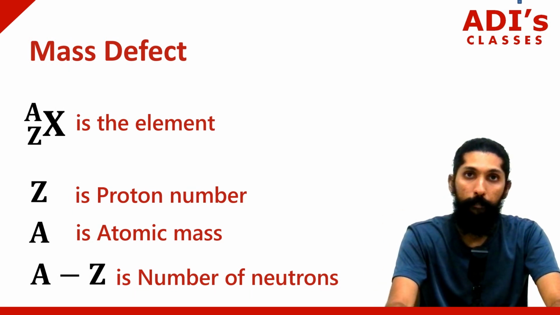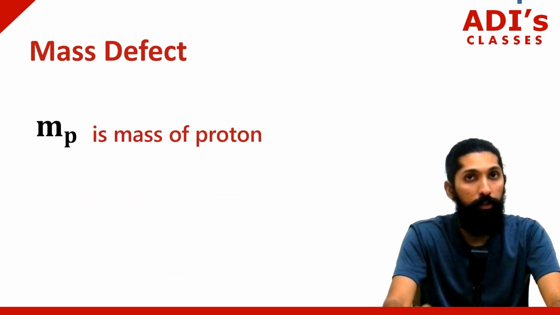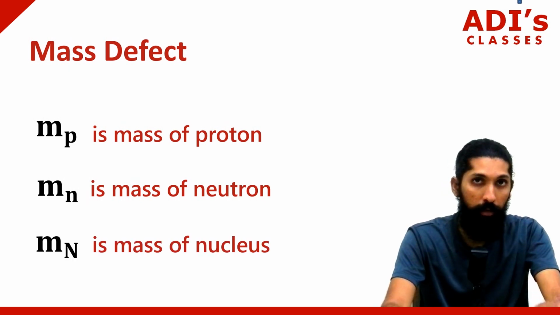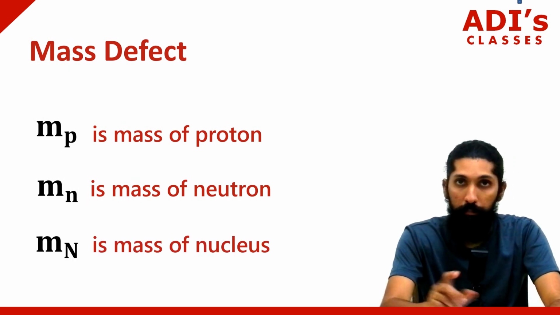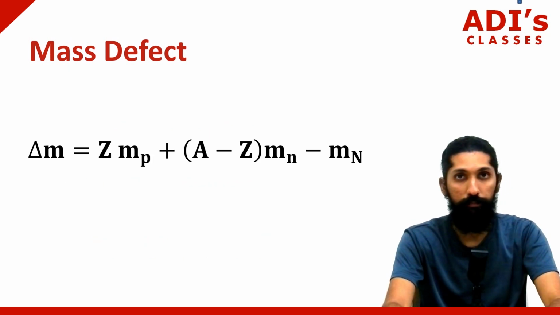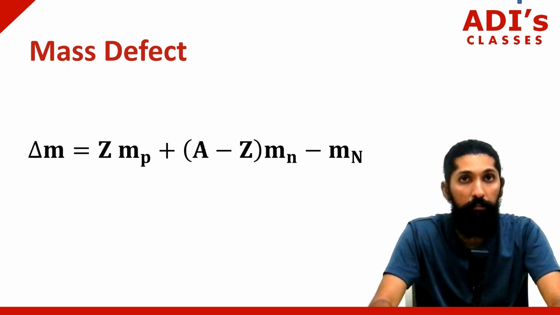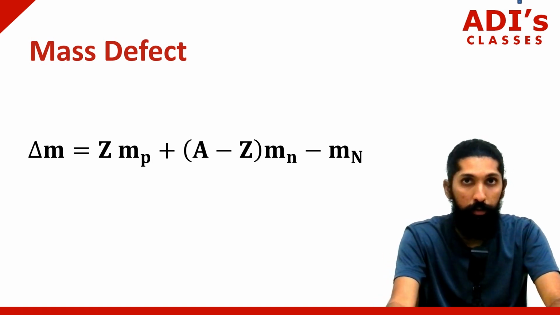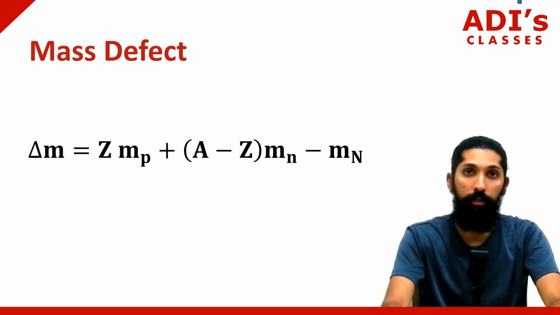Next, we'll take the masses. Let's say mp is the mass of the proton, mn is the mass of the neutron, and capital MN is the mass of the nucleus. Now, to calculate the mass defect, we take delta m equal to Z into mp, because Z is the number of protons, into the mass of the proton, plus (A minus Z) into mn, minus MN.